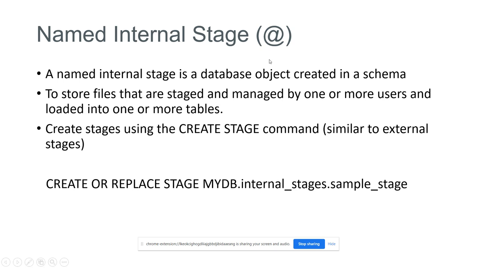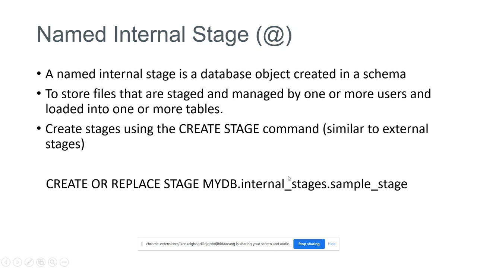And like external stages, for named internal stages also the notation is simply at the rate. This is the syntax for creating an internal stage. Create or replace stage, database name dot schema name.